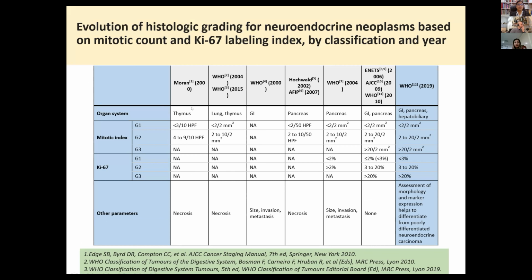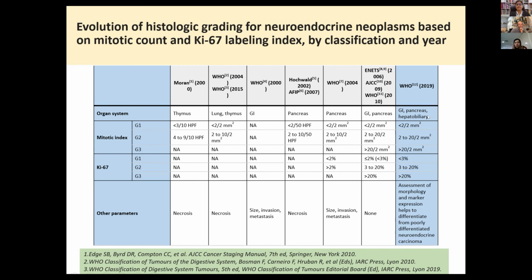In 2000, tumors were graded on the basis of the mitotic count only, grade 1 and grade 2. And in the 2006, 2009, 2010 WHO classifications, the tumors were graded as grade 1 to grade 3 on the basis of the mitotic activity.